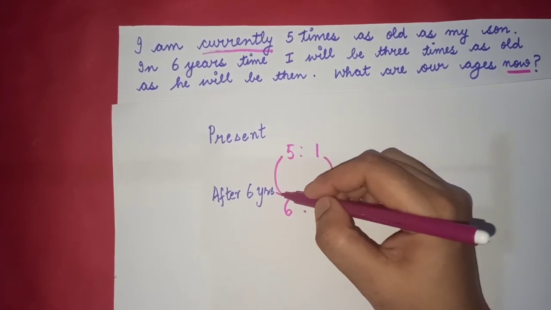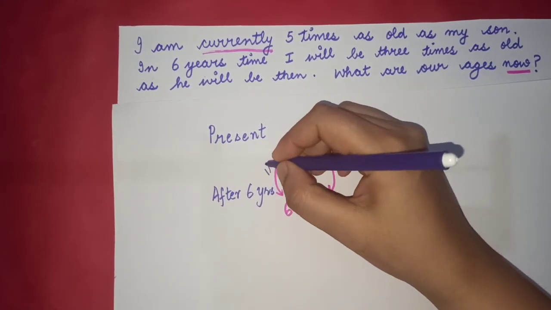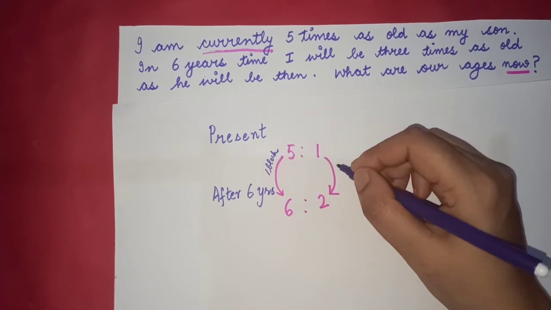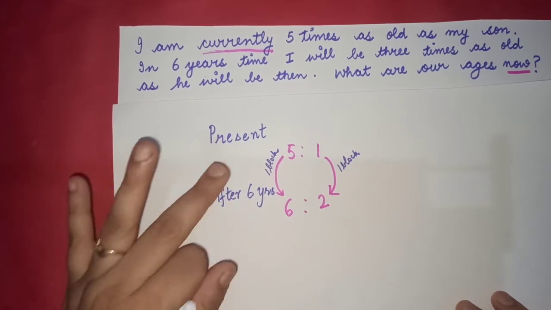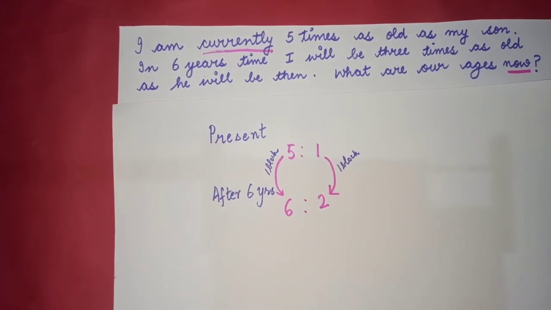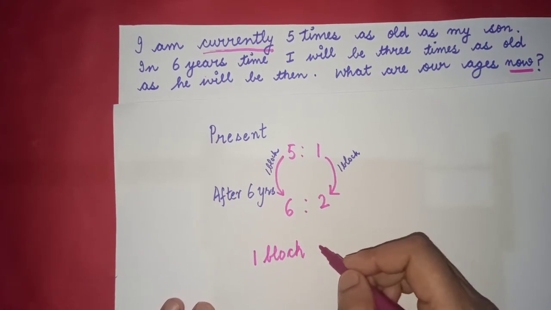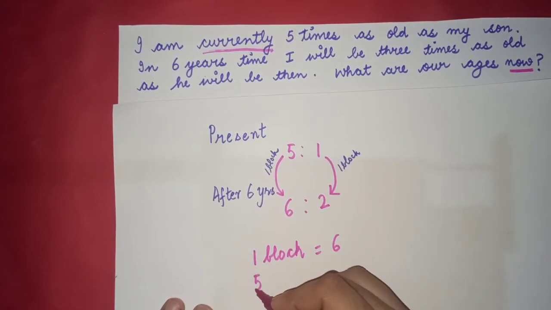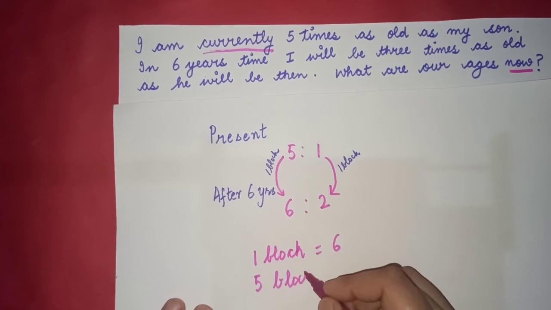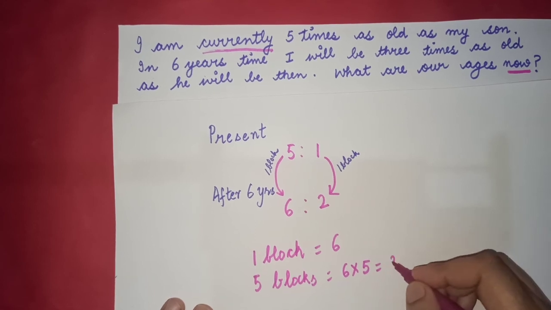The difference is also the same. 1 block, 1 block. And we know that this has happened after 6 years. So we know 1 block is equal to 6. So 5 blocks will be equal to 6 times 5, which is 30.